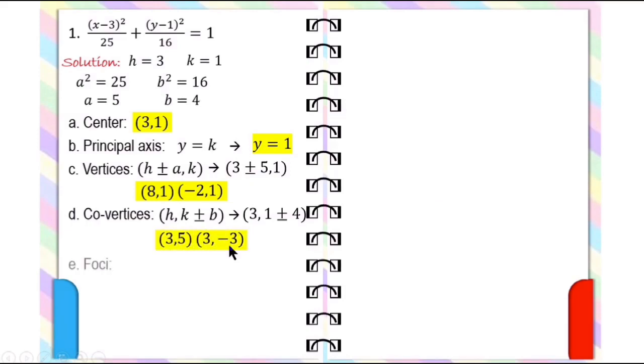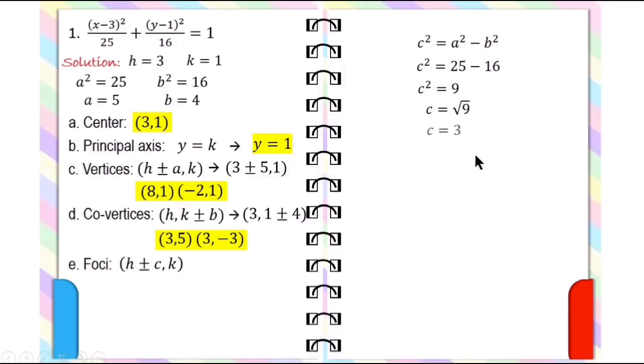While the foci are (h plus and minus c, k), to solve for c, we use c squared equals a squared minus b squared. A squared is equal to 25 while b squared is equal to 16. Simplify, 25 minus 16 is 9. Square root of 9 is 3. So c is equal to 3.